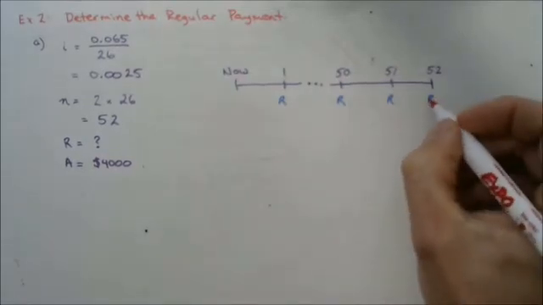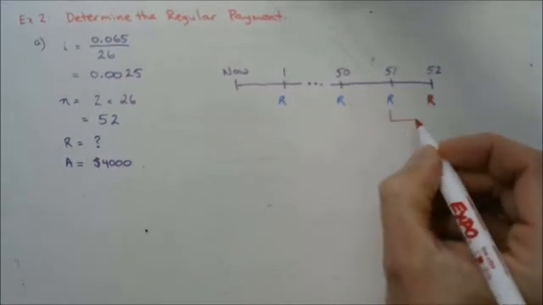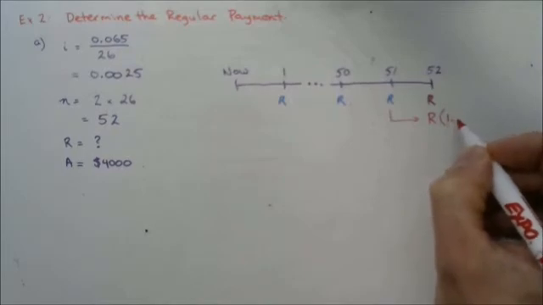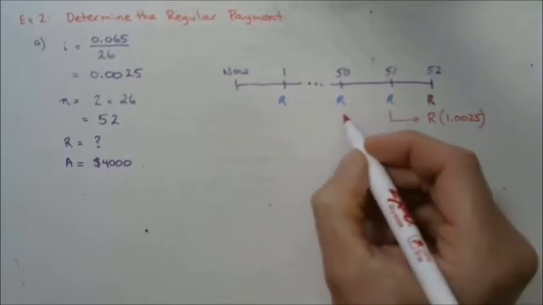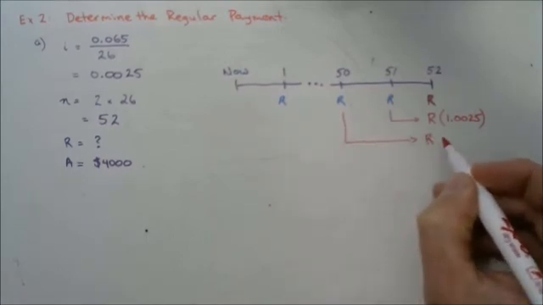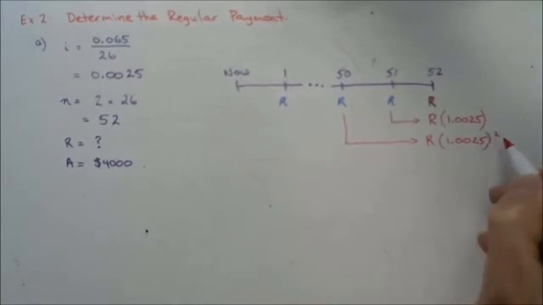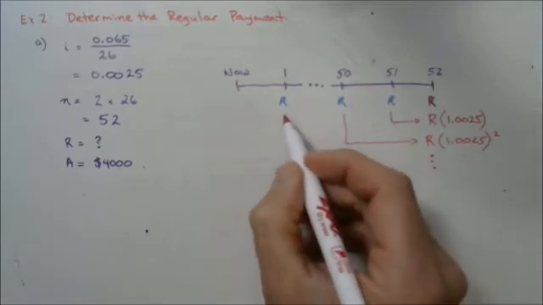We know that this R is not going to receive any interest. We know that this R is going to become R times 1.0025 to the power of 1. We know this R is going to become R times 1.0025 to the power of 2. We know there's a whole bunch of terms in between here.